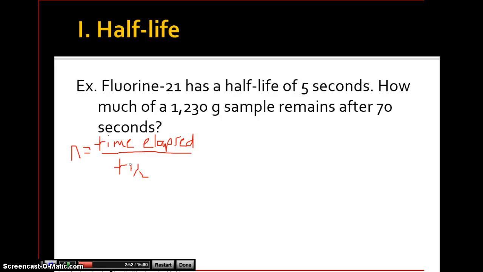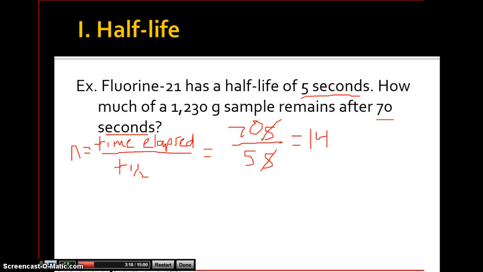Then you can solve for that one. Our half-life time was 5 seconds, and the time elapsed was 70 seconds. So you're going to take 70 seconds over 5 seconds. That equals 14. The seconds cancel out, so you're just left with 14.